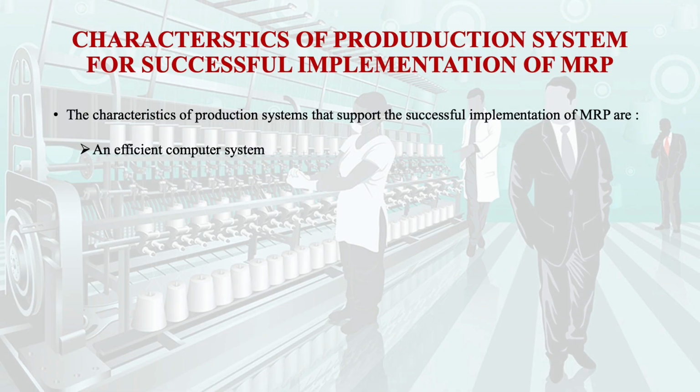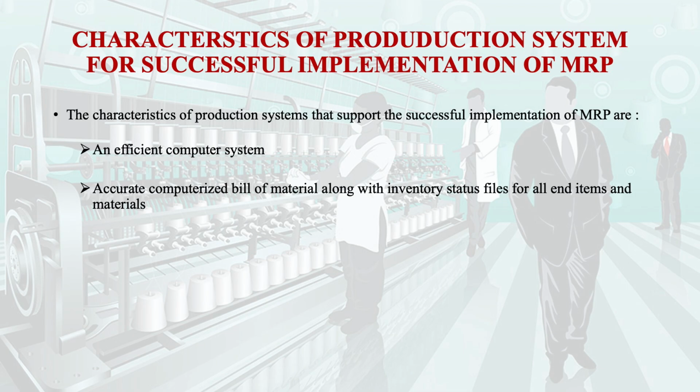Now, what are the characteristics of a production system that support a successful implementation of MRP, or material requirement planning? First, we need an efficient computer system with a lot of networking across the organization. We also want an accurate computerized bill of material along with inventory status files for all end items and materials.